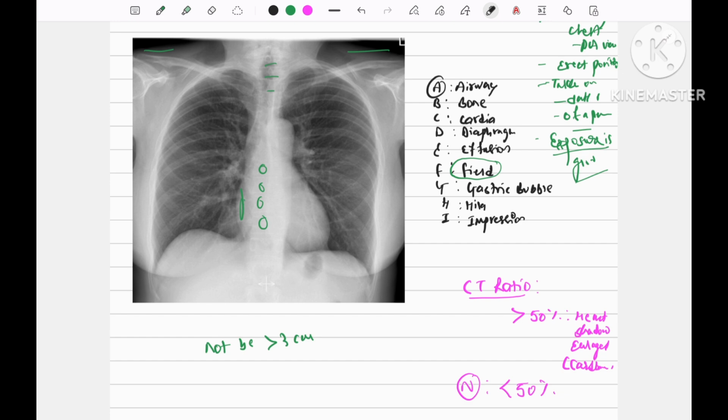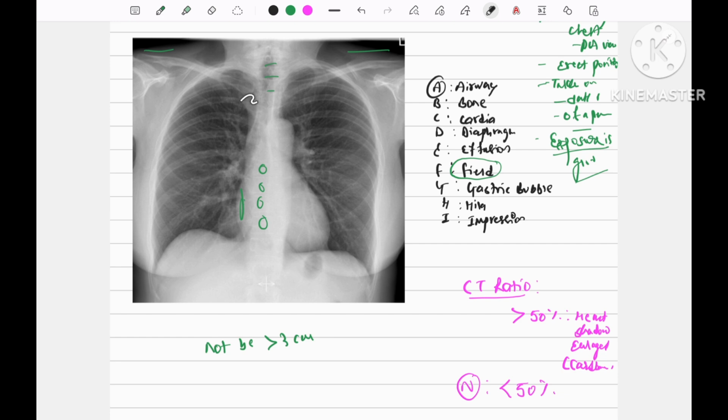If there is any abnormality, then after this explanation we will go to the abnormality. Like if there is hyperinflation of the chest, then we will explain that more than 6 anterior ribs and more than 10 posterior ribs are visible, so the lung is hyperinflated.